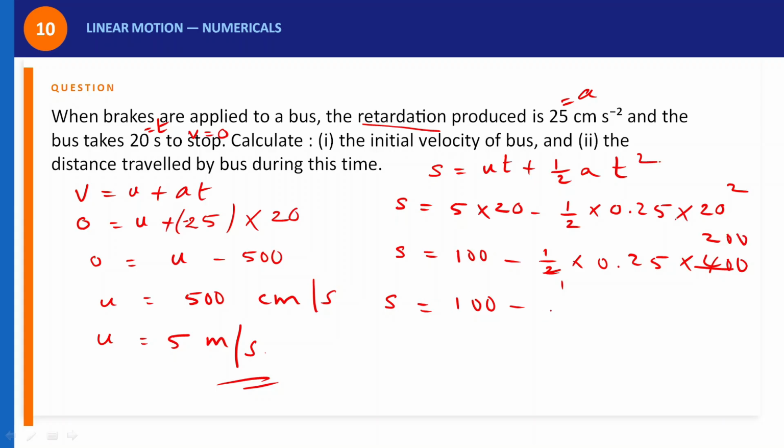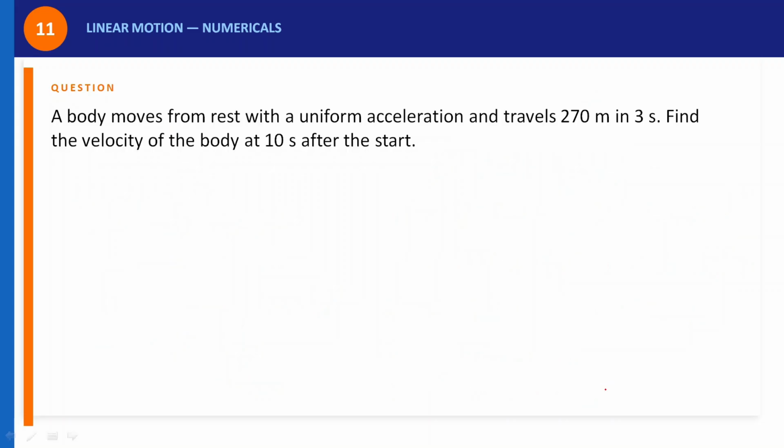Then we have 0.25 into 200. Then displacement equal to 100 minus 50. Therefore, displacement is 50 meters. So the bus covers this in the last 20 seconds.